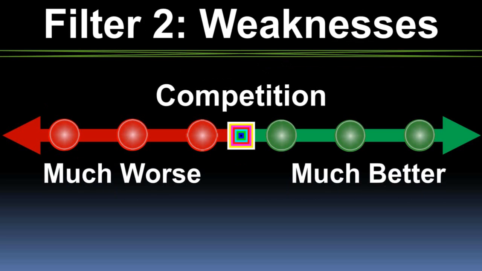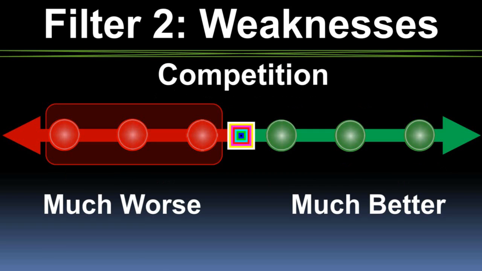Let's now focus on filter number 2, related to internal weaknesses. You can use the exact same methodology where you compare your entity's situation to the position of competition or similar organizations. Let's suppose your organization's manufacturing efficiency is noted as a weakness. After discussion and agreement amongst company executives, manufacturing efficiency is deemed really worse than the competition benchmark.